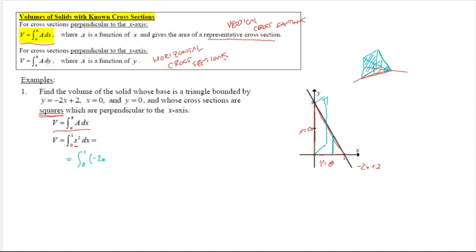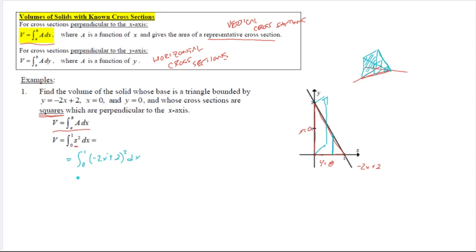Our side is negative 2x plus 2, and all of this is squared dx. A couple of ways we can do this. We could go through and try a composition of functions where we're doing a reverse chain rule. We could also square this and just treat it as a power rule.